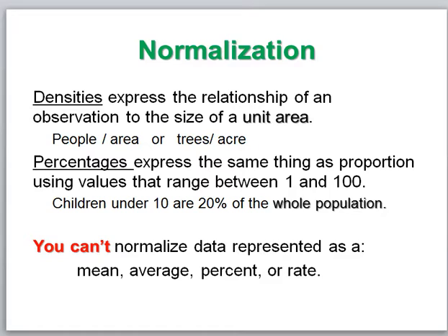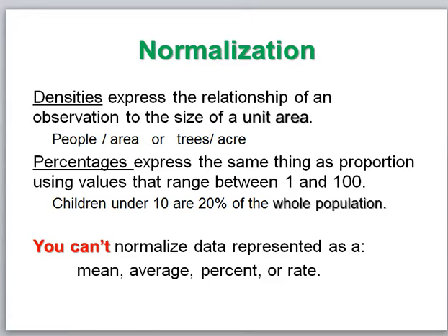There's a couple ways to normalize data. You can normalize by the density, so how many people per unit area. So if I want to know how many people attend one campground as opposed to another, I might want to look at the area of the campground and think, well, that campground has a lot of people, but there's a lot of area, so it's not very crowded. You could look at density of trees per acre.